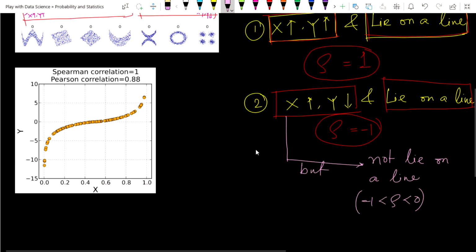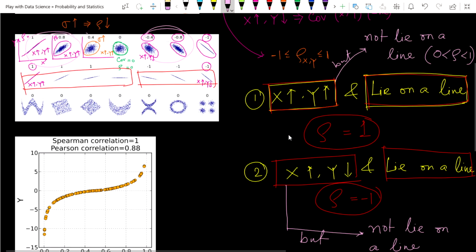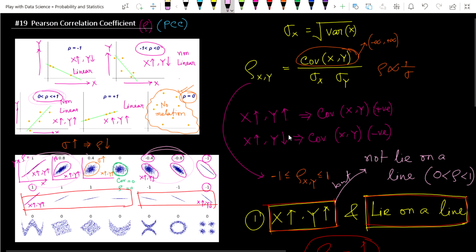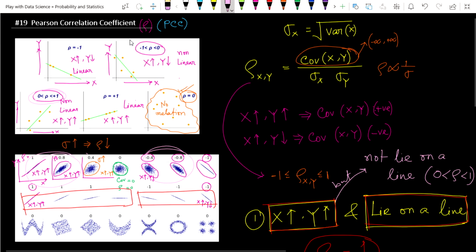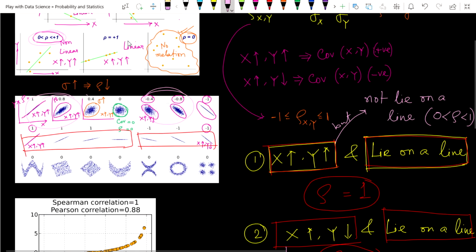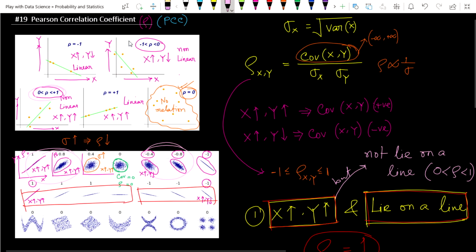I think you have got the concept, these 4 types of situations. The simple thing is that the Pearson correlation coefficient applies when our data sets look like linear data sets. The main advantage is that from the value of the Pearson correlation coefficient, we get some idea of how linear our data set is.